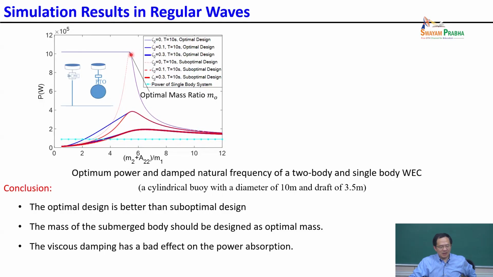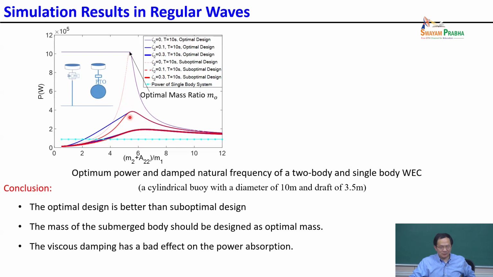The second mass viscous damping is important, because if we totally ignore it, we get this case. In this group 2 figure, the viscous damping is 1%, 0.1 is 10%. With viscous damping 0.1, you can see the power is significantly reduced.